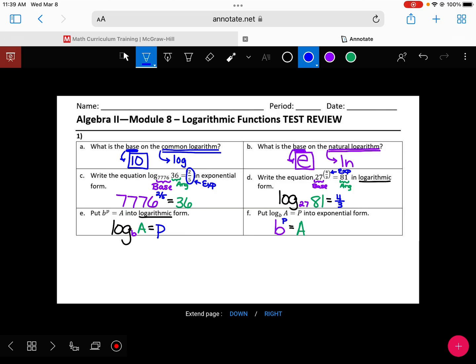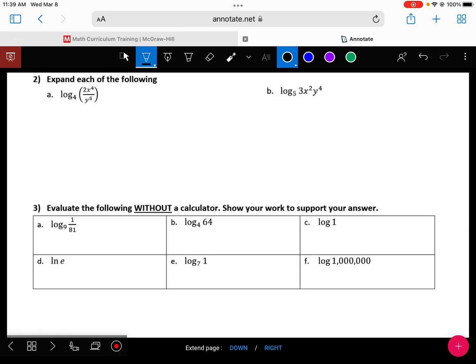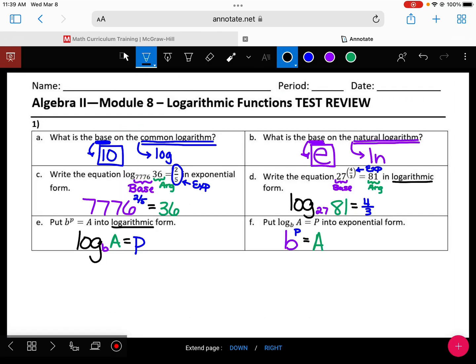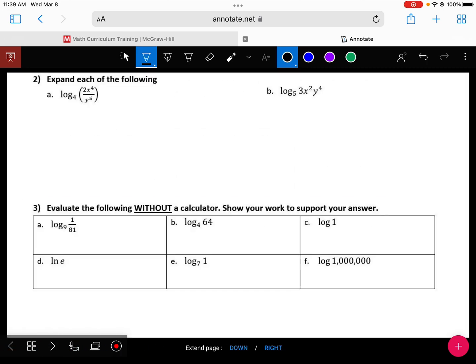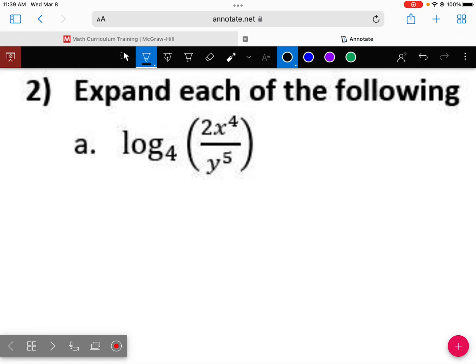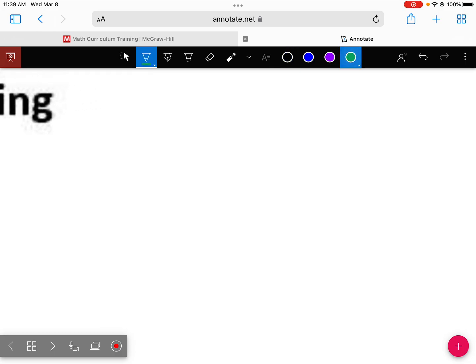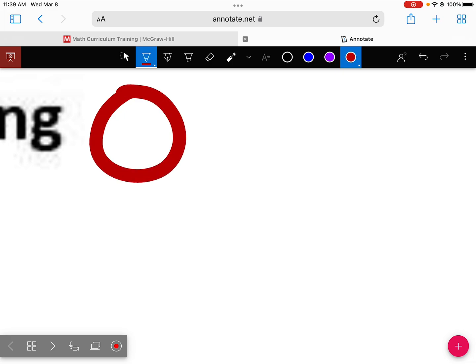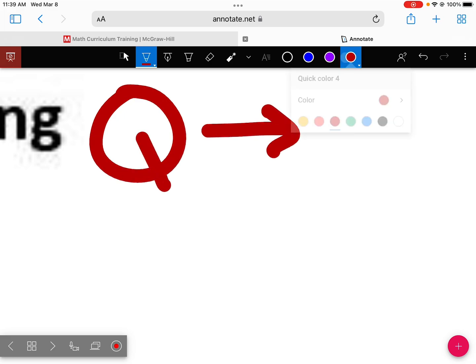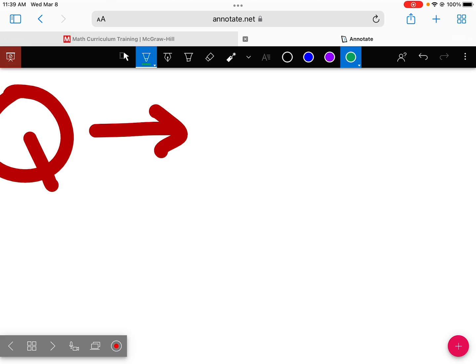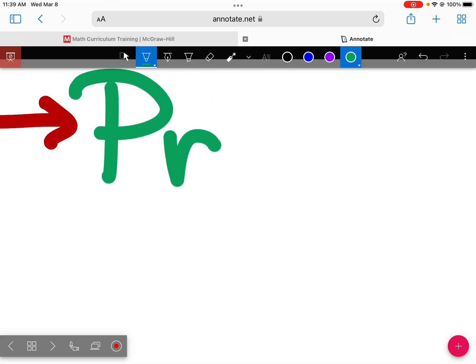We're going to go look at number 2 next. What are we doing in number 2? Expanding the log. Yep. When we expand, we have to use our properties of logarithms. What's the first property that we use when we're expanding? Quotient. After the quotient property, we use which property? Product property, and then powers.